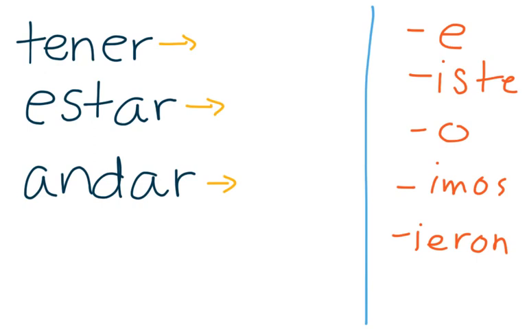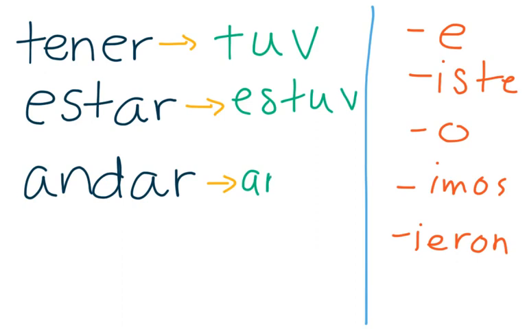Tener, estar, and andar all have similar sorts of endings in Español in the past. So let's take a look. Okay, we have tuv, so the root of it changes to tuv, estuv, and anduv. A lot of that uv part. So how do you understand this little page that you're seeing?